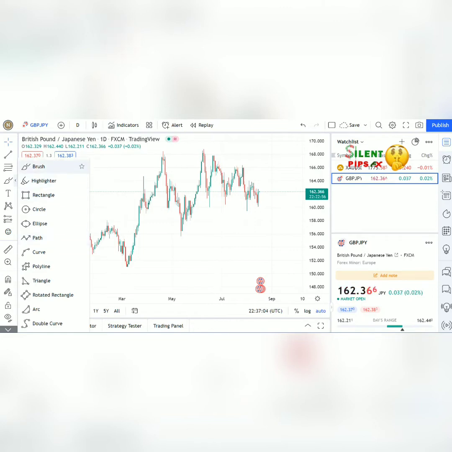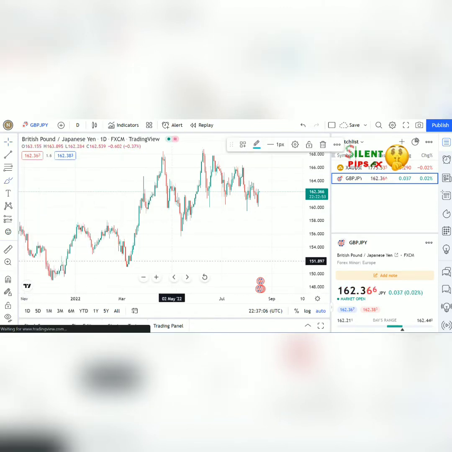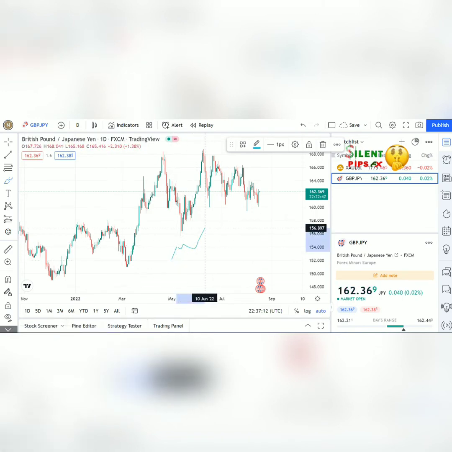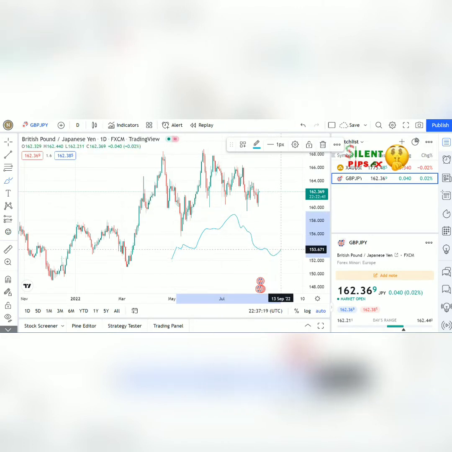The market simply moves like an expansion and a contraction, expansion, contraction, expansion, contraction. So we'll be looking for contractions and expansions, and we'll be drawing up chart patterns. That's what we'll be doing today, guys.